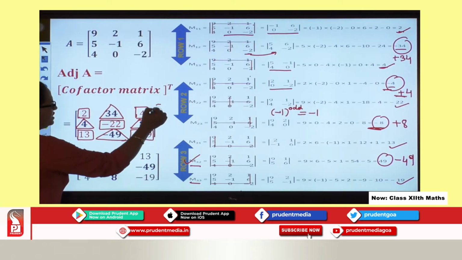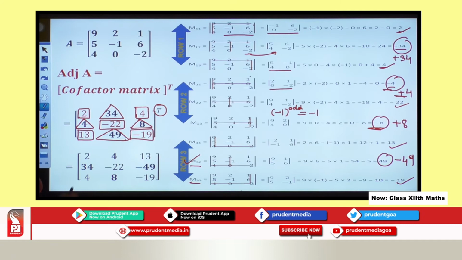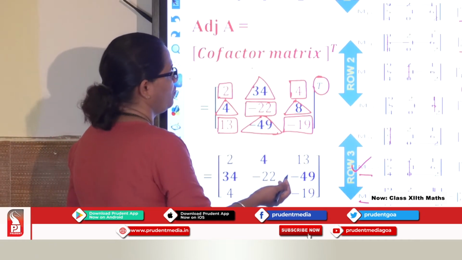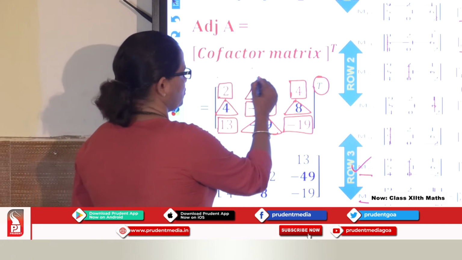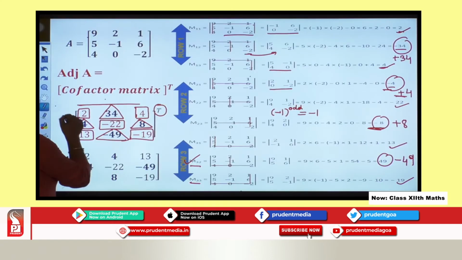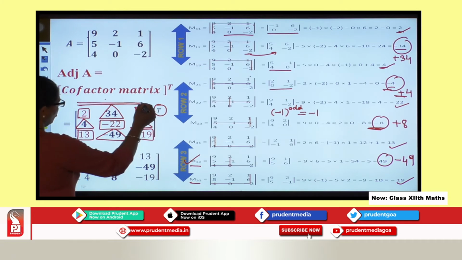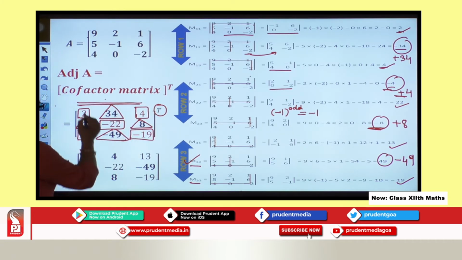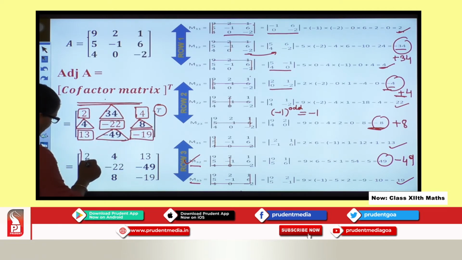When we find the transpose, this row now will come as this column. So the first row will come as the first column: 2, 34, 4. You can see 2, 34, 4.